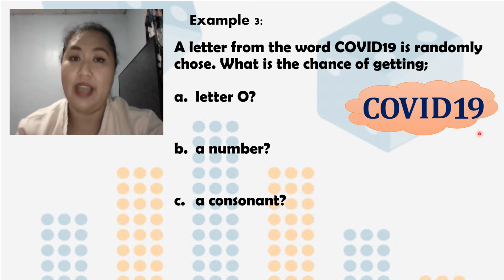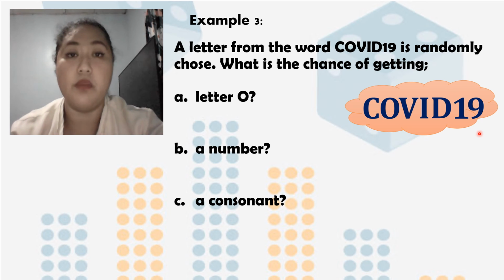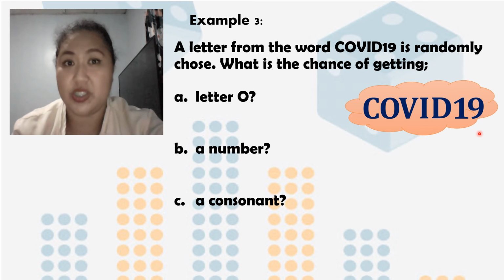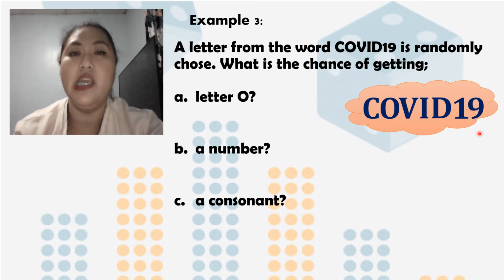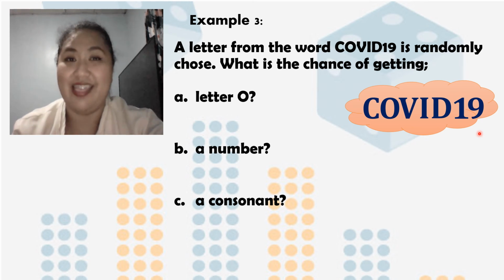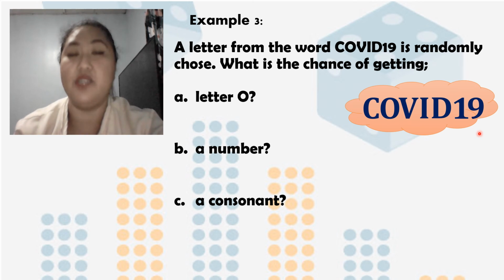So all in all, we have 5 letters and 2 numbers, that is all in all 7 characters. So kung ang possible outcome natin dito ay 7, okay, so ibig sabihin, ang denominator ng sagot sa ating example 3 ay 7.